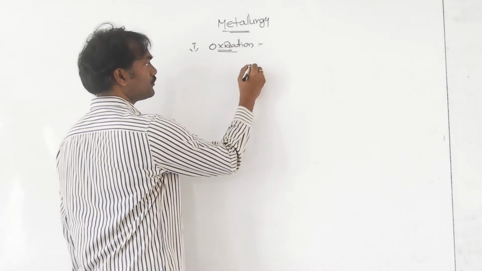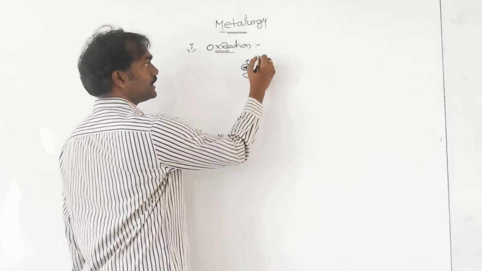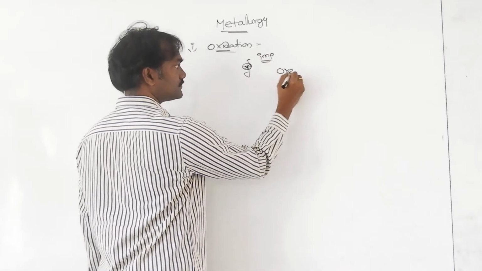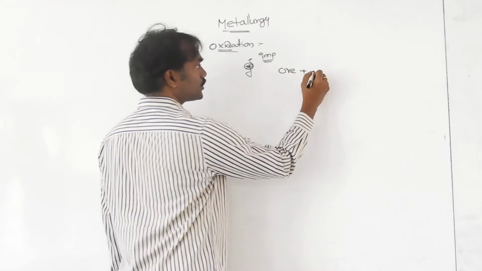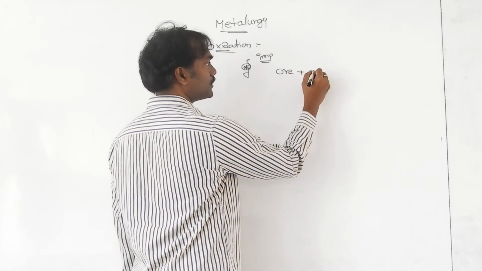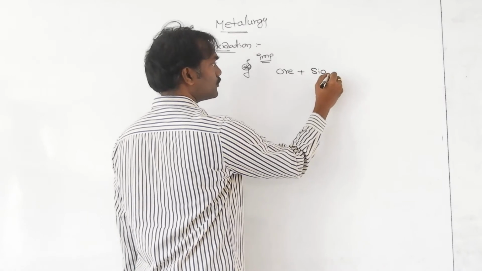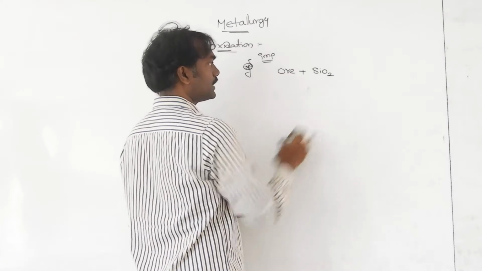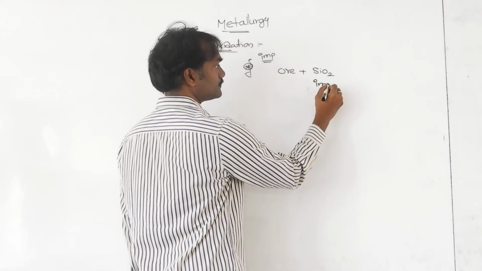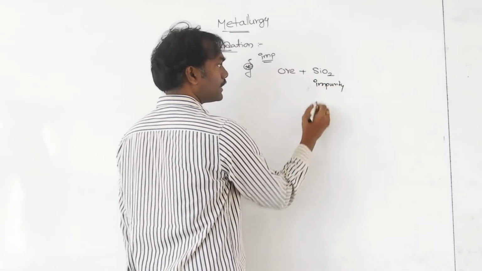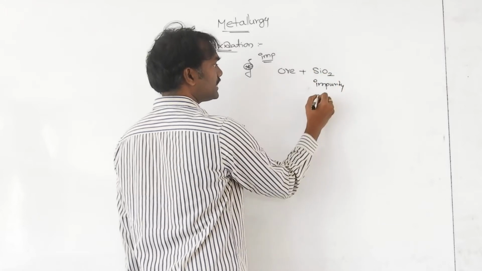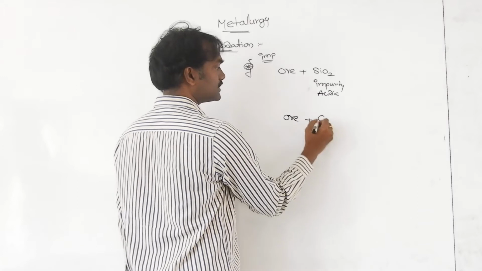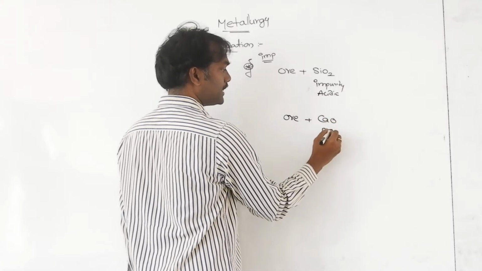In oxidation, one more important point: suppose the ore contains an acidic impurity, SiO2. That is the impurity. Suppose the ore contains CaO, a basic impurity.